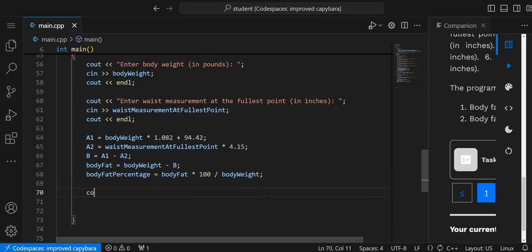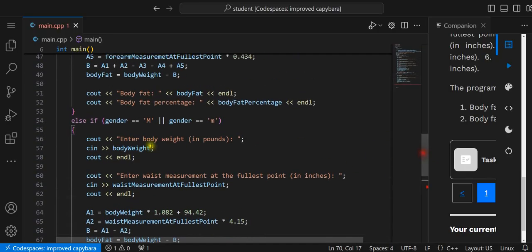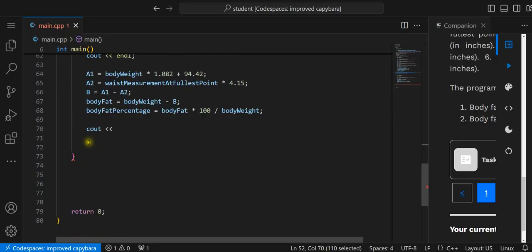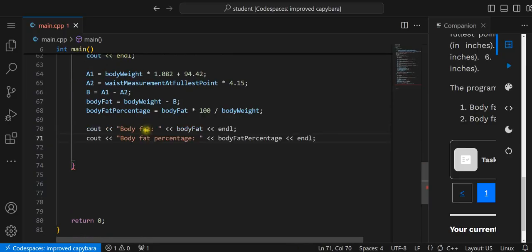So let's see cout body fat, cout body fat percentage, inline.